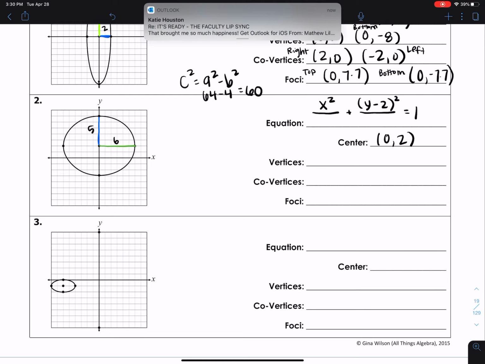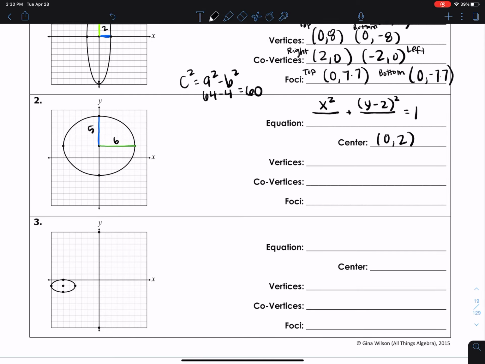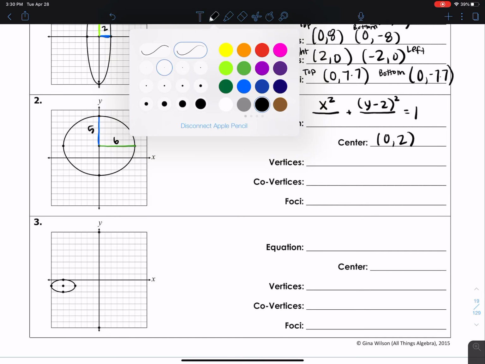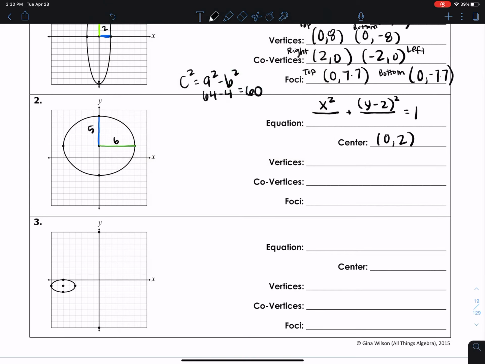And if we had 5 and 5, that would mean that it was a circle. So it's going to be longer either horizontally or vertically, but if they're the same, then that's just a circle. So the vertices are going to be on the longer axis, the major axis. So that's horizontal.